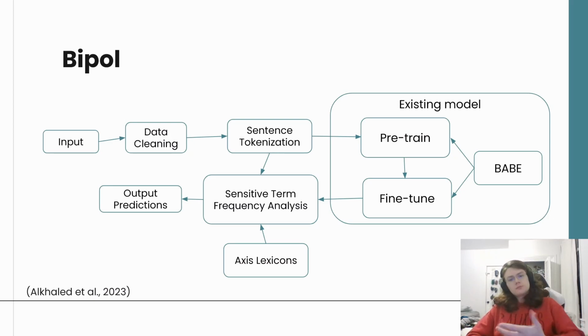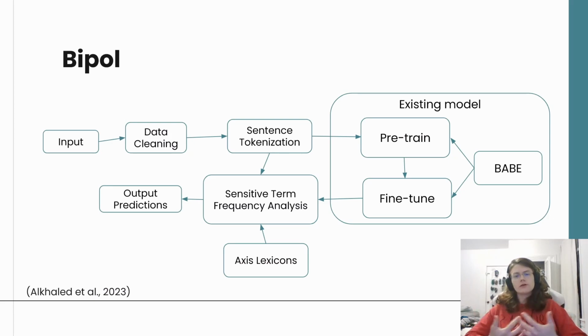And then we take those predictions, and depending on those, we perform a frequency analysis of sensitive terms. We have a collection of dictionaries that say, oh, these words are racially charged, these words are charged with respect to gender, these words are sensitive with respect to sexuality, things like that.